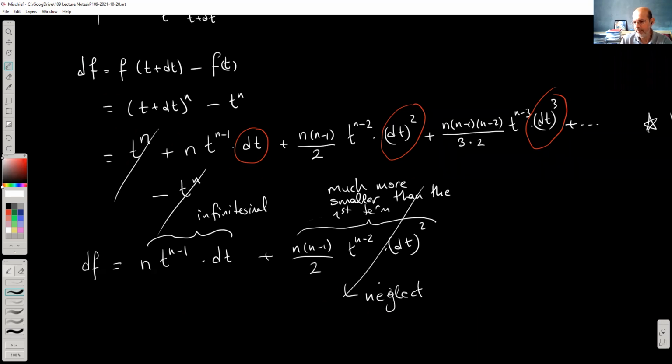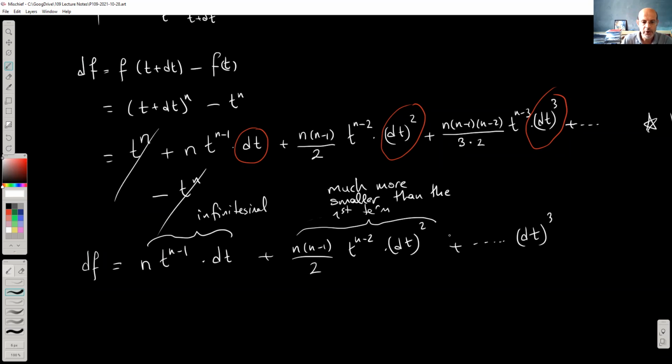Mathematicians just basically eliminate this term at the limit. Physicists usually neglect it at that stage. They say that, well, this is much smaller than the first term, so it is ignorable, so just neglect it, all right? But at the end, the whole calculation is actually an exact calculation, right? There are these other higher order terms in here. There's a dt cubed in here. This is also much, much smaller than even the second term. So as a result, we can never mention this.